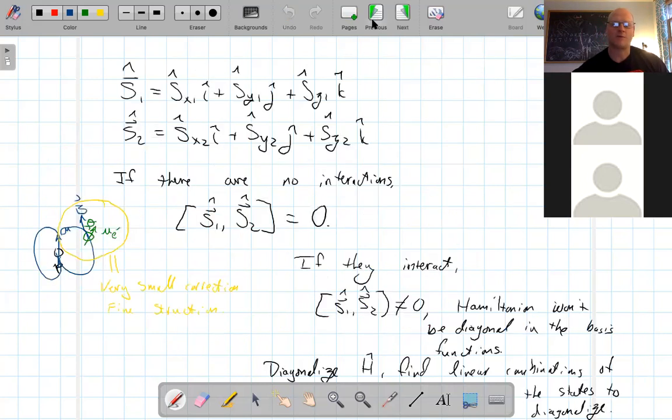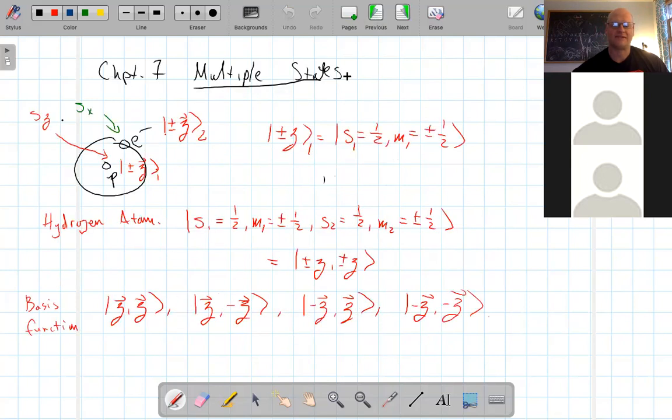But if we go back to what we wrote down earlier, for this combination we now have 4 basis functions, because I need a number of basis functions equal to the dimensionality of my space. So here I'm going from two-dimensional spaces to a 4-dimensional space.